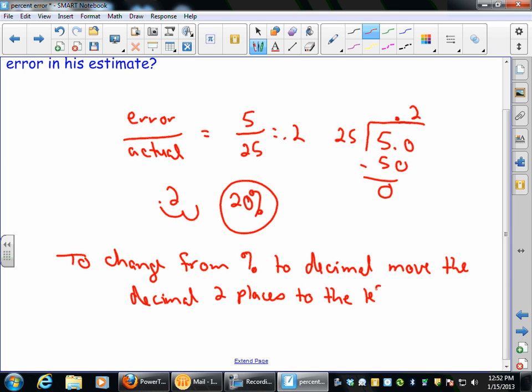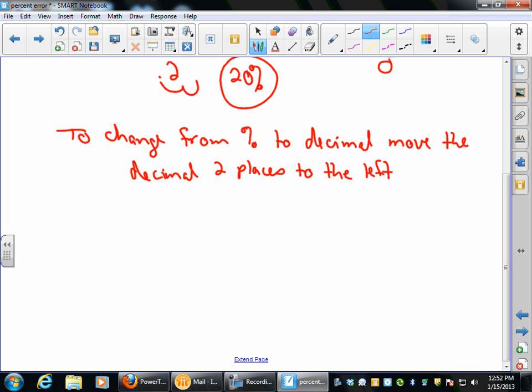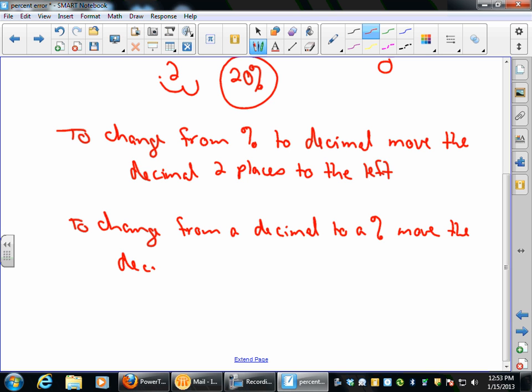That's what we were doing on a lot of the earlier videos. To change from a decimal to a percent, go the opposite way. I'm going to do the exact opposite. I'll move the decimal 2 places to the right.